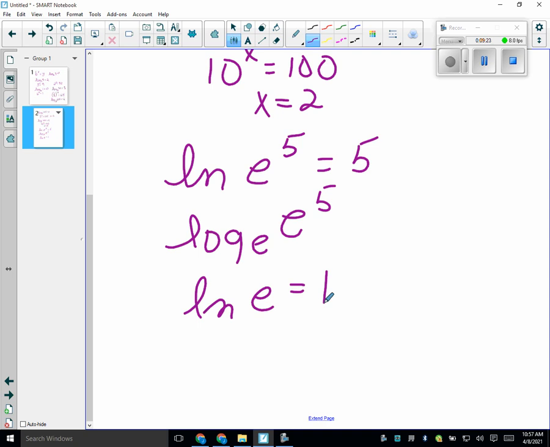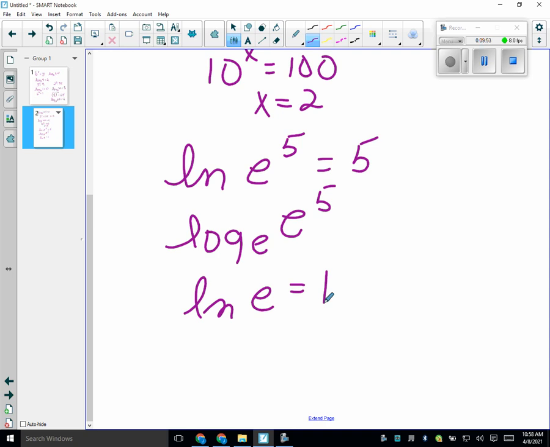That's where logarithms originally started. However, they are used for lots and lots of things. Because we don't really need them to multiply, we've got a calculator. However, there are problems we cannot solve without using logarithms. Cannot. And we'll do some in here.